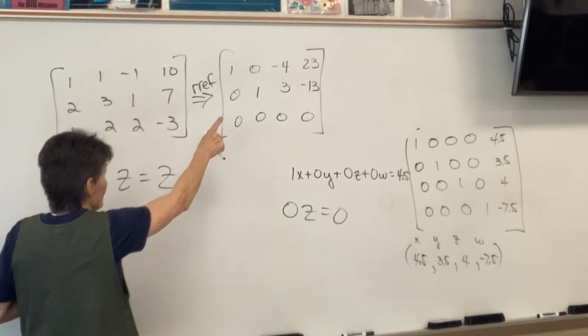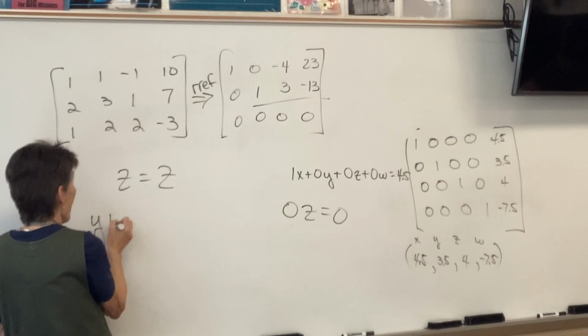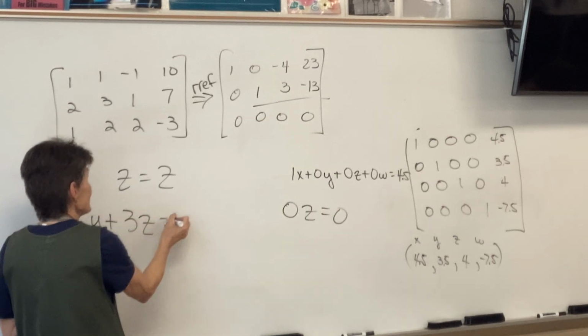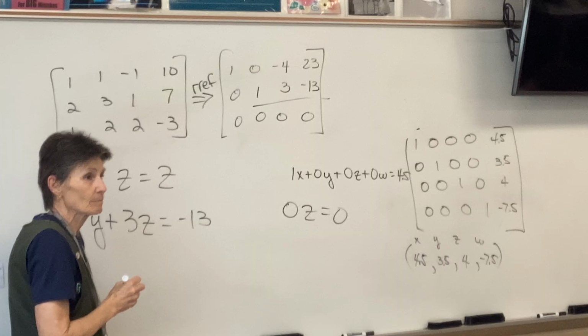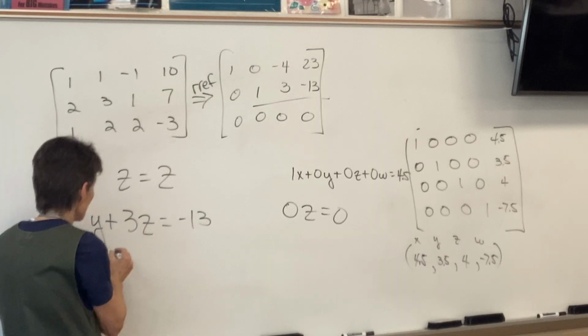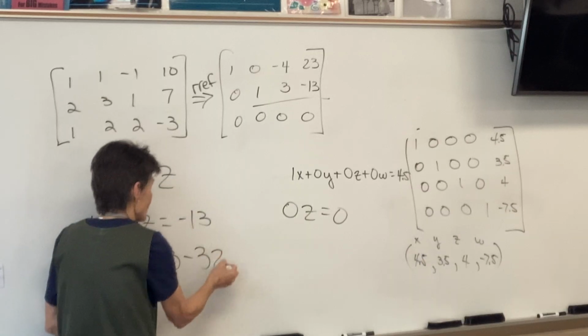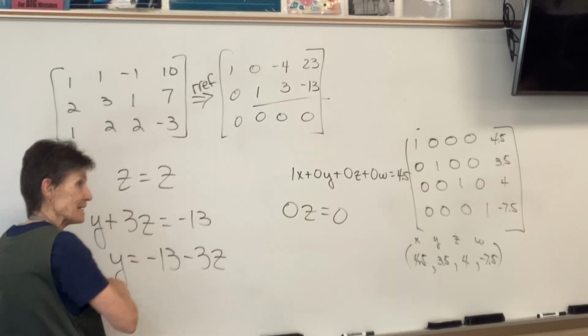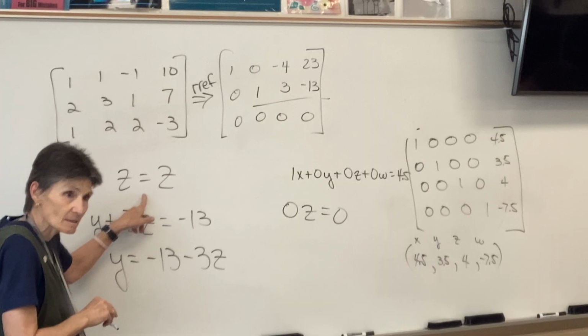Now, this equation literally says y plus 3z is negative 13, which means y is negative 13 minus 3z. I can't do anything else other than that because I don't know what z is.